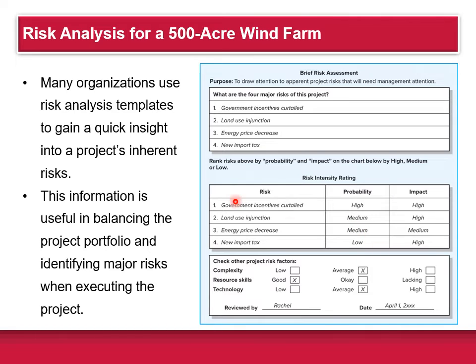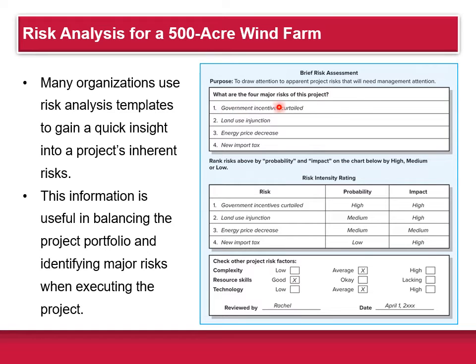Here's another one. This is what's called a risk analysis. Many organizations use these risk analysis templates to gain insight into a project's inherent risk. It's useful in balancing the portfolio and identifying major risk of a project. So this is typically an attachment to the project proposal form.